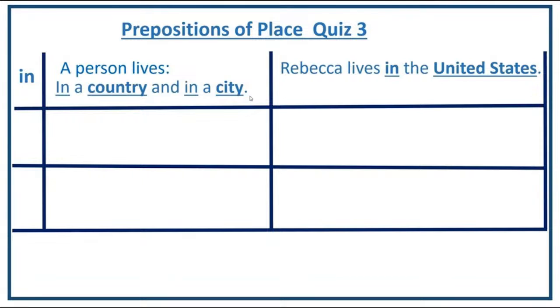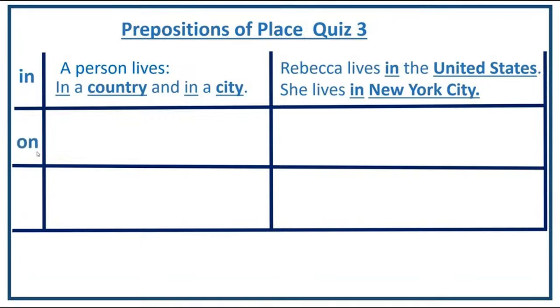In Baguio City. In Bangkok City. In New York City. So, example here. She lives in New York City. Alright? She lives in Manila City. So, next up, we have preposition of place on.